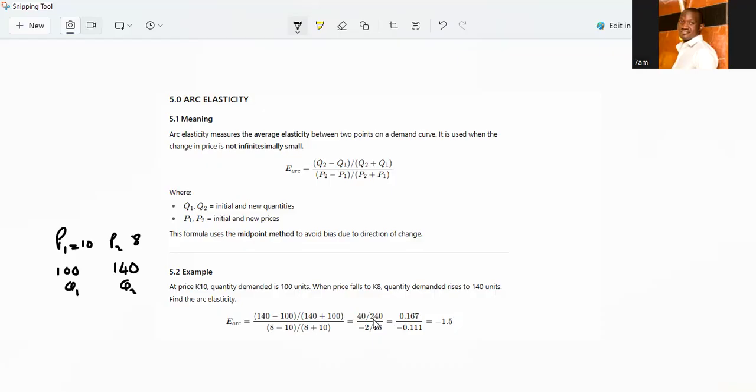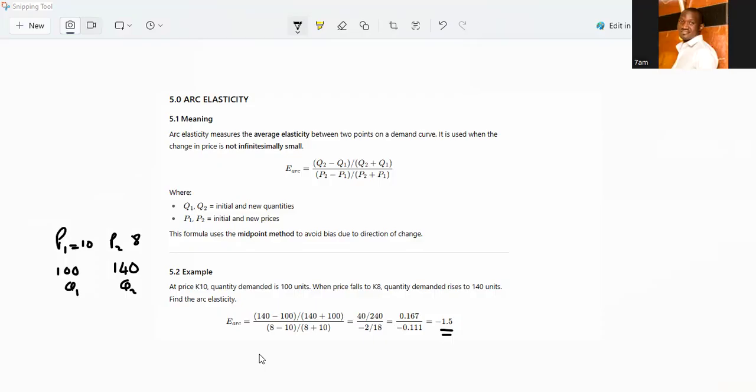When you divide that, you're going to get negative 1.5. So negative 1.5 simply means that the elasticity is what? What is the comment there? Demand is what? It's elastic, yes. It's greater than 1. So demand is very responsive to price.